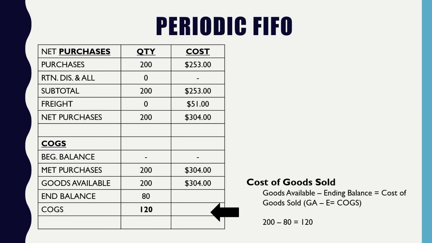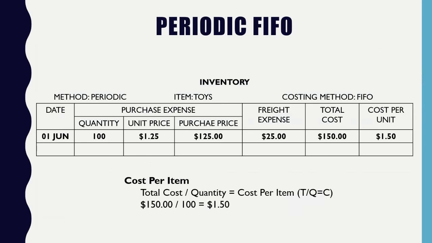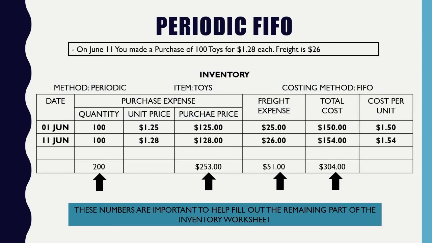So going back, I'm going to see if I can go back all the way. It's from this worksheet right here. I have my batch of 100 for June 1st, and my second batch of 100 on June 11th. And if I follow through, I already saw the cost per item: the first batch was $150, and the second batch is $154.